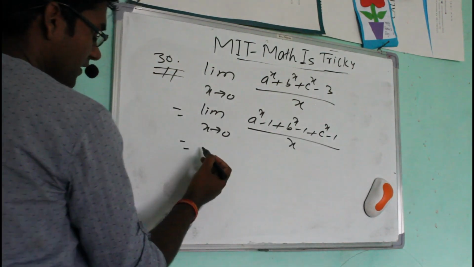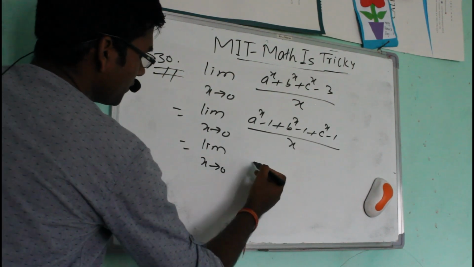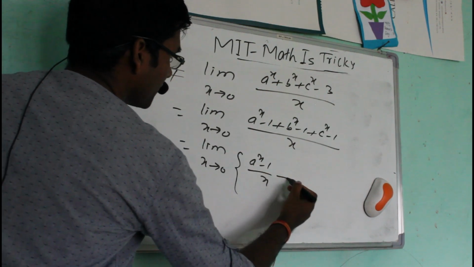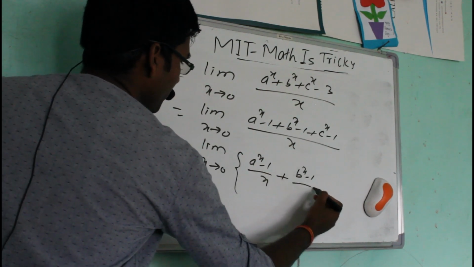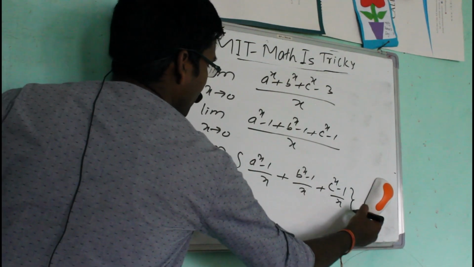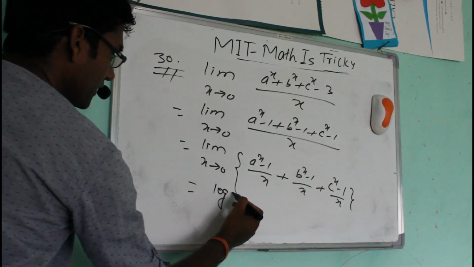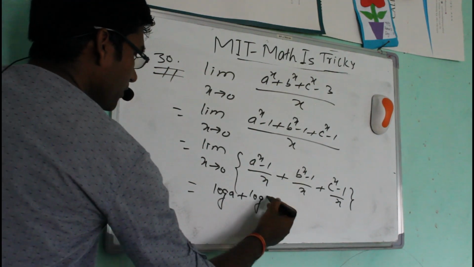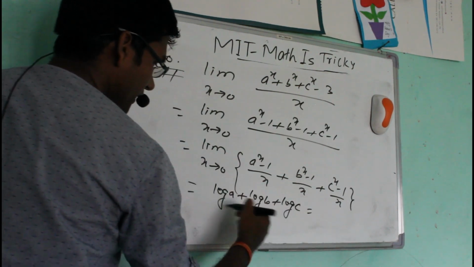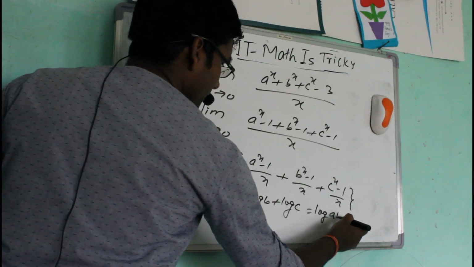So just separate this: limit x tends to 0, (a^x - 1)/x plus (b^x - 1)/x plus (c^x - 1)/x. And for this we have the formula. So it is here log a plus log b plus log c. Then we can use log properties for this, so the answer is log abc.